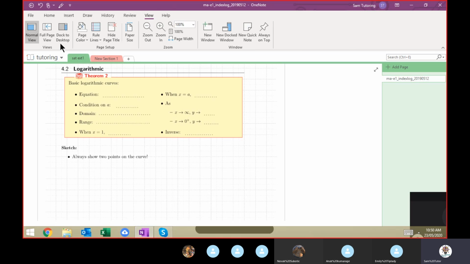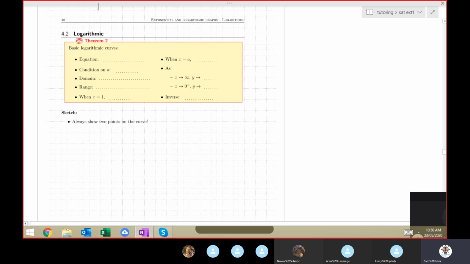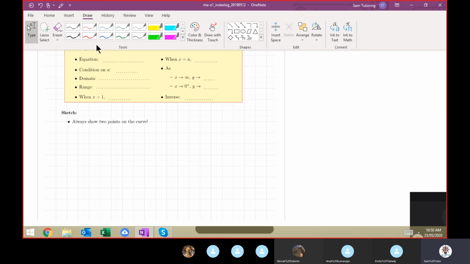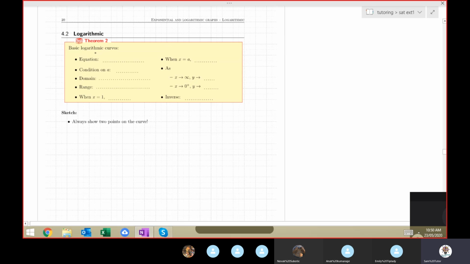So logs now. Log graphs. So the equation is log x. Well, first, let's draw it up.